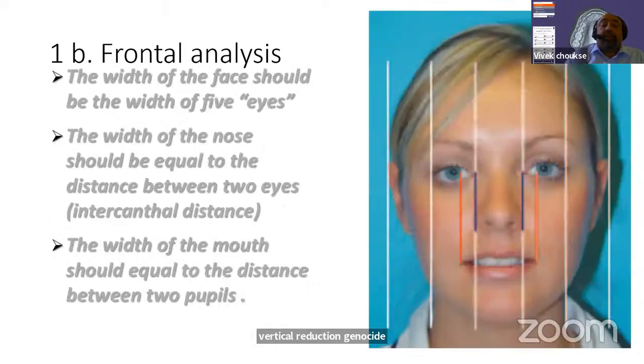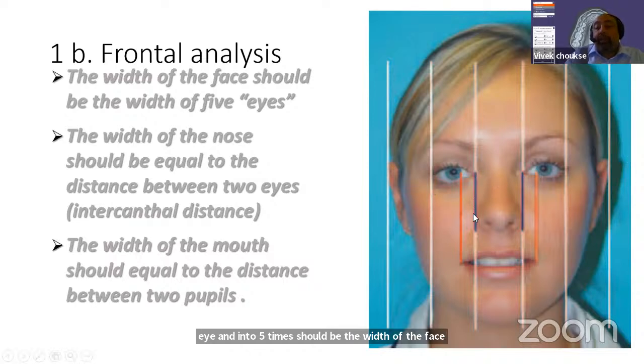When we observe the face, again, it is said that a face can be divided into the width of 5 eyes. We can check the width of the eye, and 5 times that should be the width of the face, and the width of the nose should be equal to the distance between the two eyes.